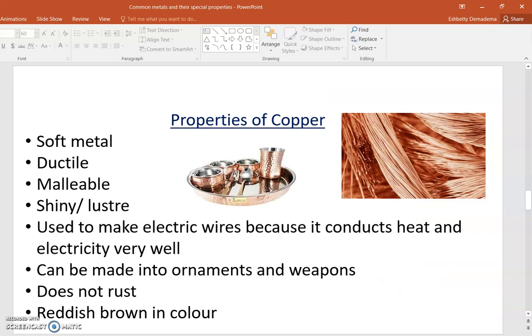The next one is properties of copper. Copper, I'm sure most of you have seen copper. It looks like that. If your dad doesn't want to use some of his chargers and stuff like that, you'll find that the charger has got copper wire inside, or some electrical wires have got copper wires inside.